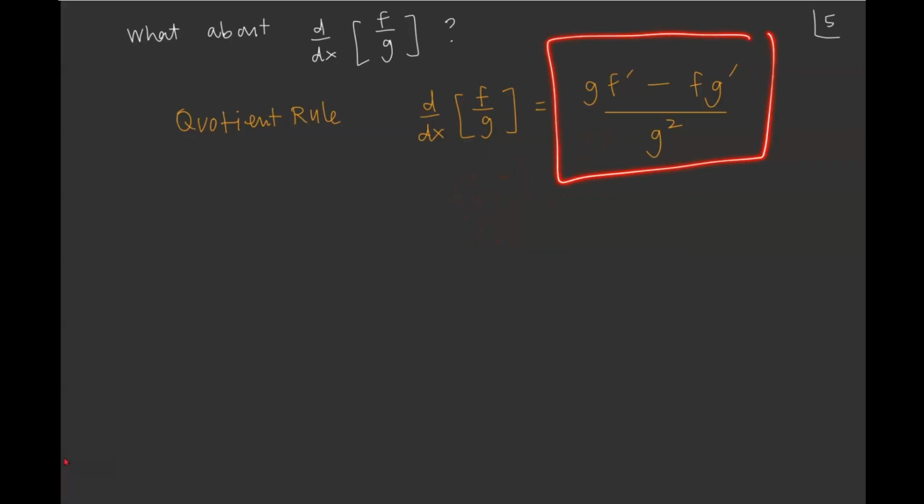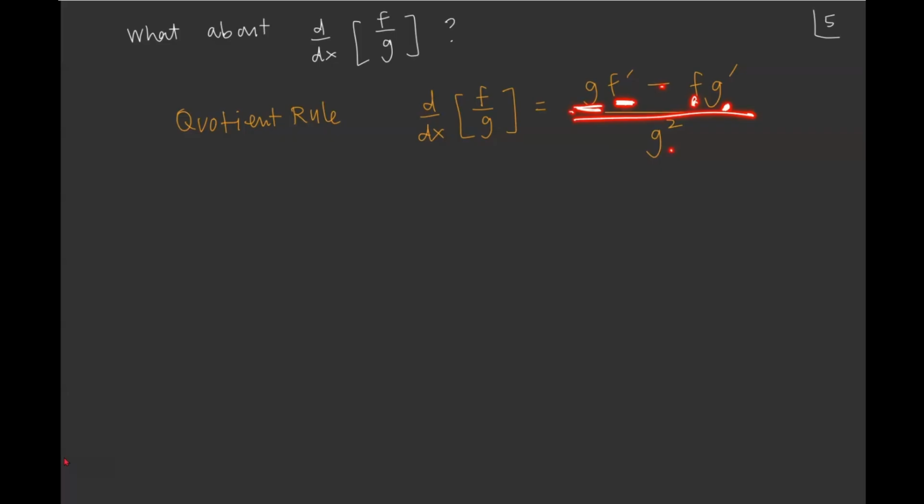But we need some sort of way to remember this because we want to be able to memorize the order of everything. And a very common way that people think of this is low, like g is in the lower part of the fraction, d high, so derivative of the high part of the fraction. So low d high minus high d low, so high part of the fraction, derivative of the low, over low squared.